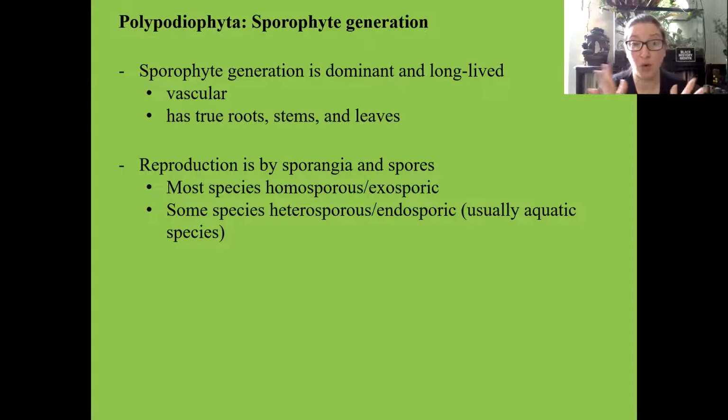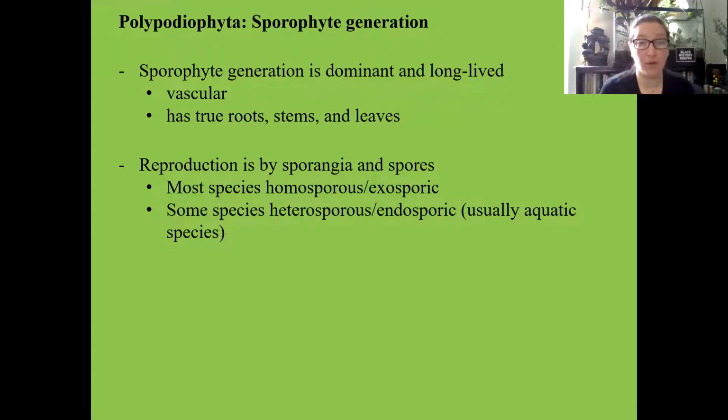We know we're in the spore-shedding vascular plants, so reproduction is via sporangia that shed spores that grow into gametophyte plants, right? Most species are homosporous and exosporic. Some species are heterosporous and endosporic. Usually the aquatic species are heterosporous and endosporic.